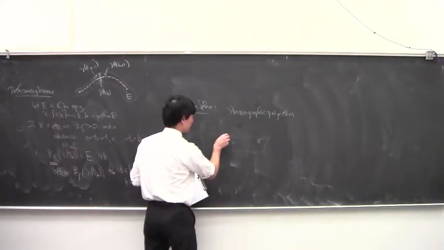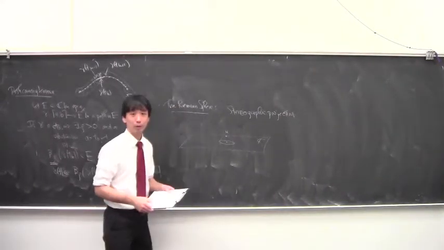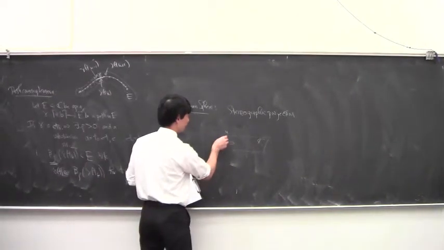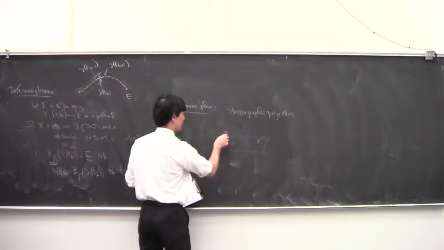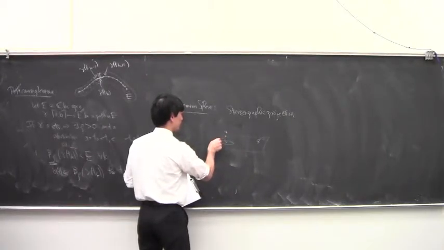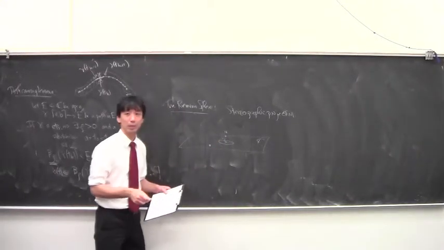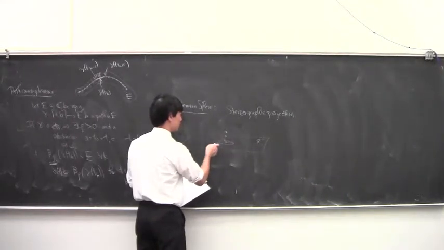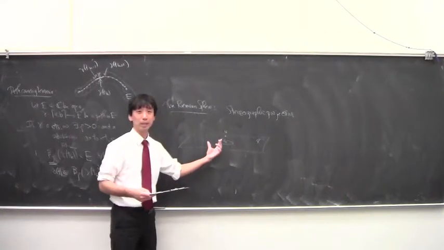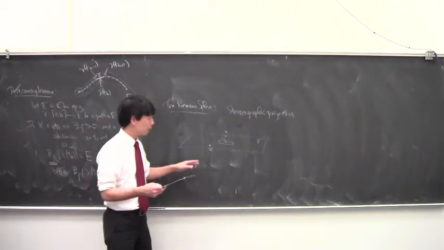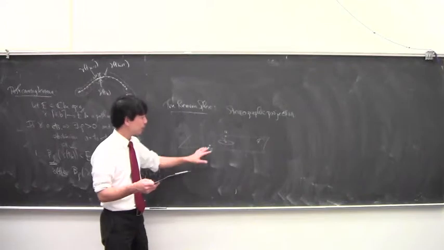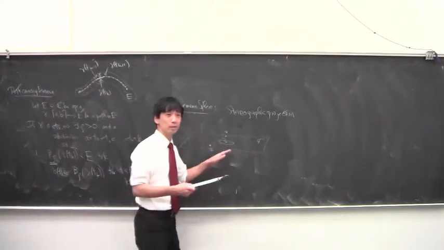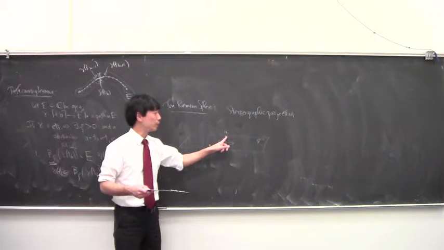The way you do it is like this: you take the North Pole, and for every point on the sphere, you draw a ray from the North Pole that passes through that point on the sphere, and see where it hits the complex plane. And then you identify those 2 points. So you say, I'm going to consider these 2 things to be basically the same thing. Does everyone see that?